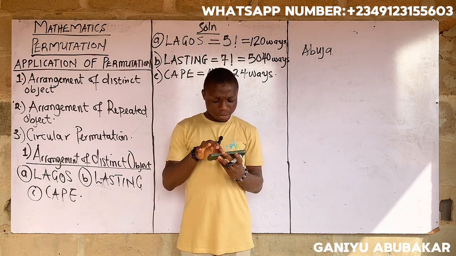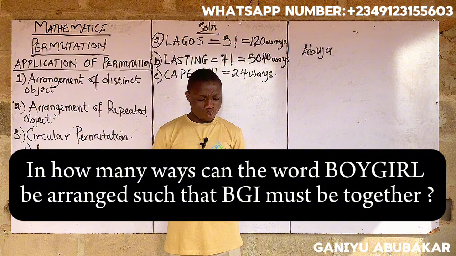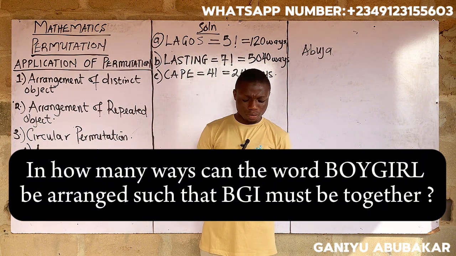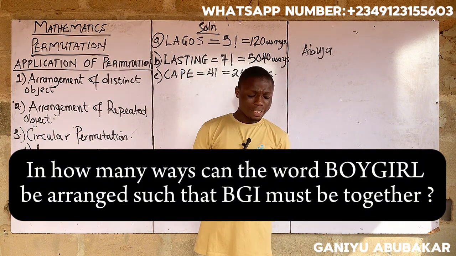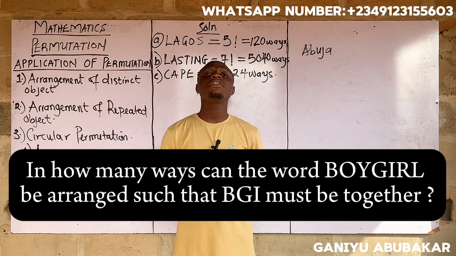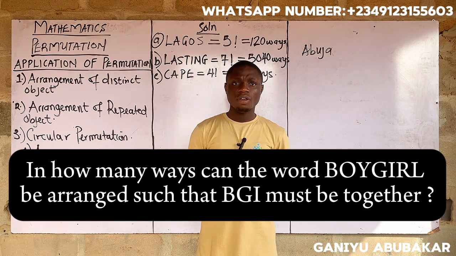Example 2 says that in how many ways can the word BOYGIRL be arranged such that BGI must be together? Very easy.